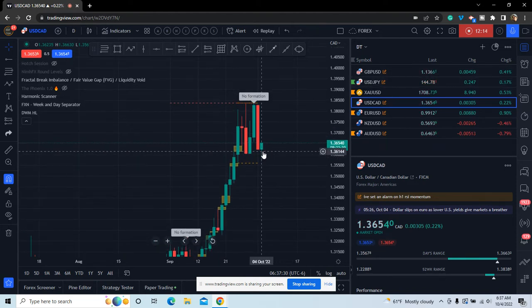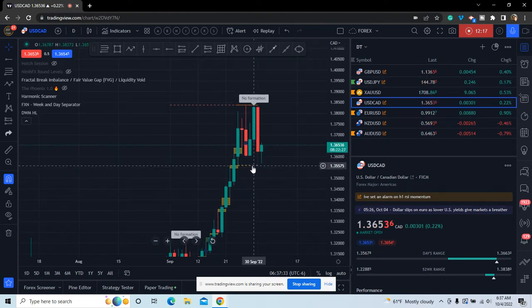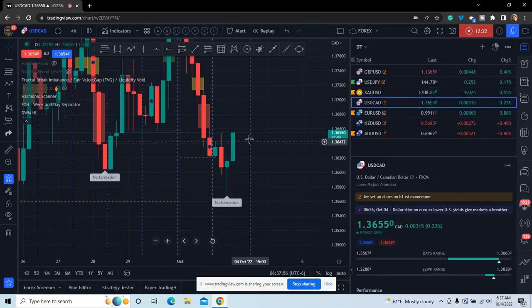So looking for a continuation into last week's lows to mitigate this price imbalance. And if the price cannot exceed up into this area of imbalance, then we're looking lower.